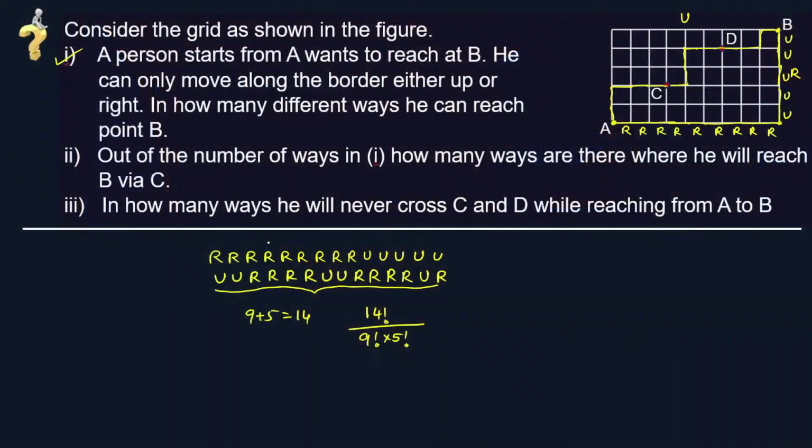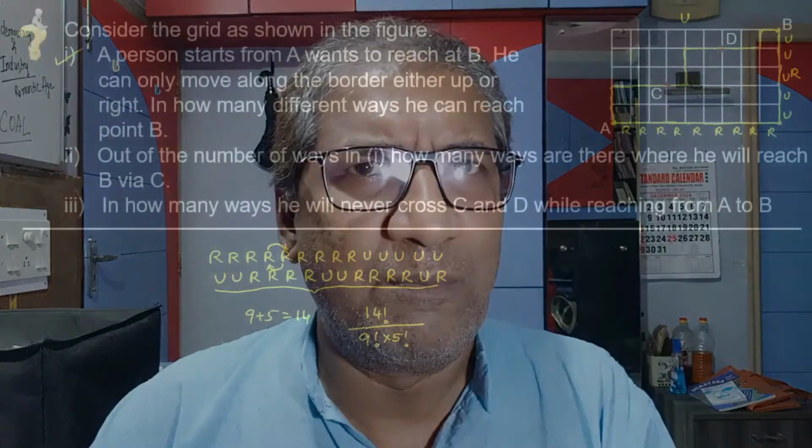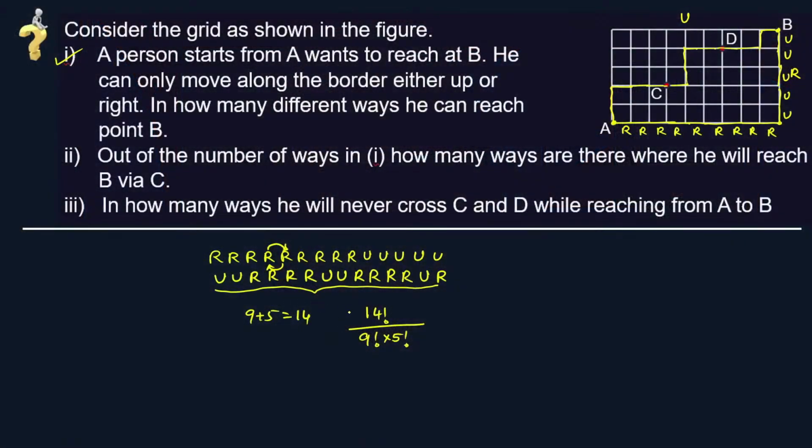If I interchange these two rights, will it make any difference? No. So I will take all those right movements as identical and all the up movements as identical. Is it clear? Therefore, the total number of ways of reaching from point A to point B will be factorial 14 divided by factorial 9 into factorial 5. So this is the answer for the first question.